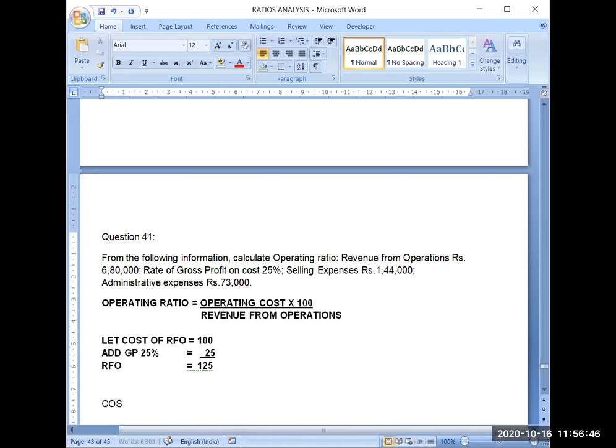So cost of revenue from operation is equal to 100, multiplied by revenue from operation, which is given as 6,80,000, and in the denominator I will write 125.